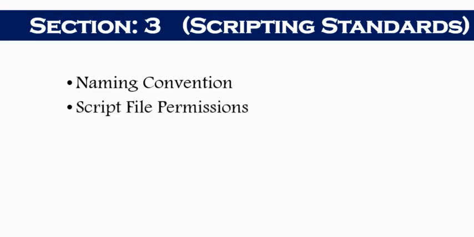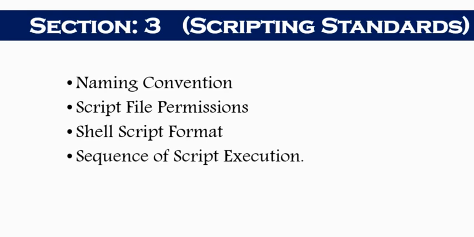Script file permissions: when you create a script, you need specific executable permissions, and we'll cover what those permissions are and how we can assign them. Then shell scripting format: what goes inside of a script, what are the comments, where do you define the shell, what are the variables, the sequence of a shell script.